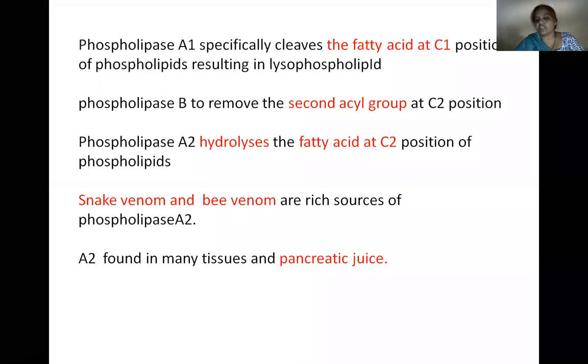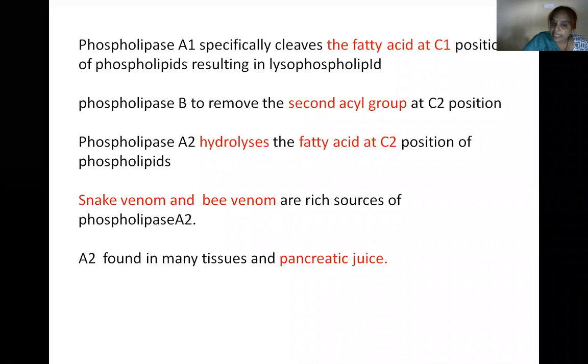Hydrolysis means adding a water molecule. Both act on fatty acids, but A1 cleaves the fatty acid at carbon 1, while A2 hydrolyzes the fatty acid at the carbon 2 position of the phospholipid. Phospholipase B removes the second acyl group at the carbon 2 position.